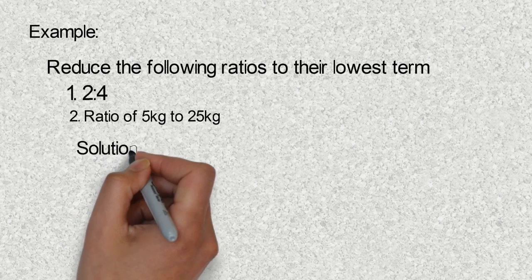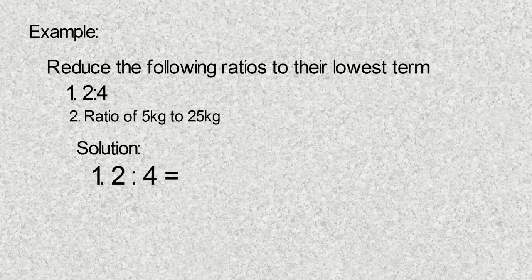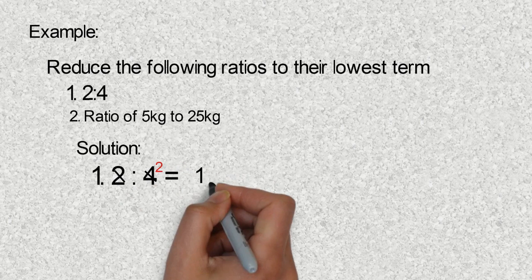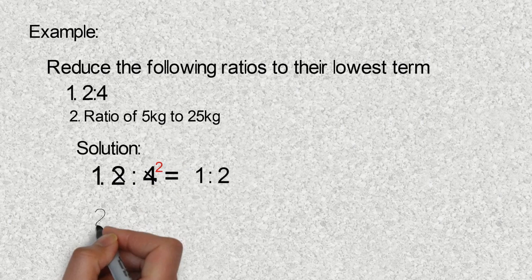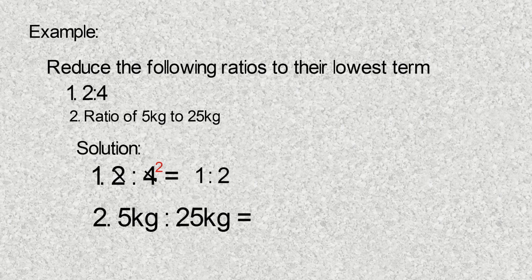Solution, 2:4. 2:4 can be reduced. So 2 goes into the first number 1 time and into the second number 2 times, so I have it to be equal to 1:2. Also, 5 kg ratio 25 kg can also be written as 5:25. So 5 can go into the first number 1 time, and 5 can go into the second number 5 times. So I have the answer to be 1:5.